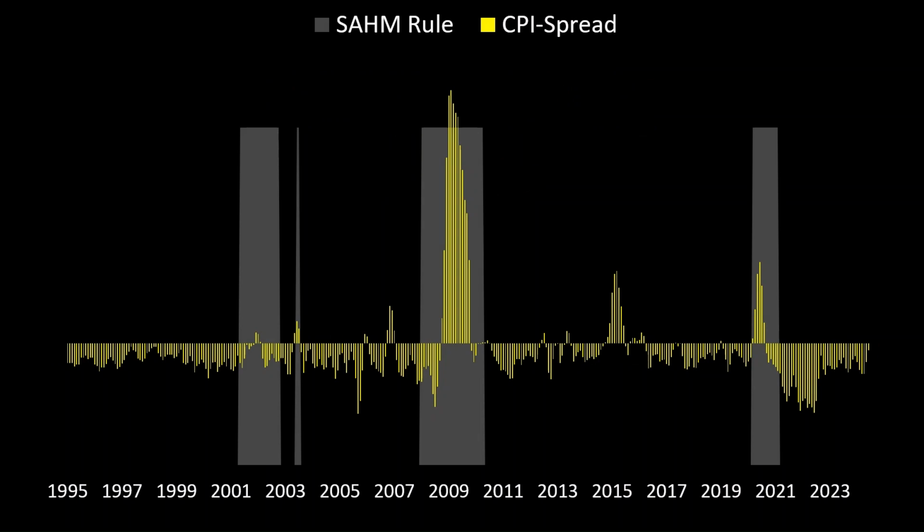The gray bars in the background show us those periods of recession identified by the proper application of the SAHM rule. But we're going to see that the CPI collapses during those periods when the SAHM rule identified a spike in unemployment. A recession occurs, unemployment rate spikes higher, CPI collapses.